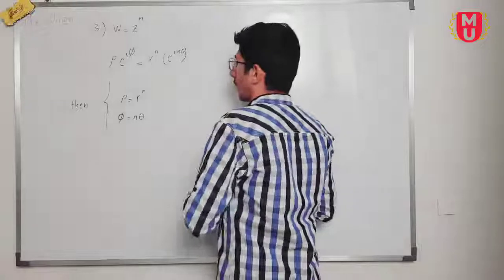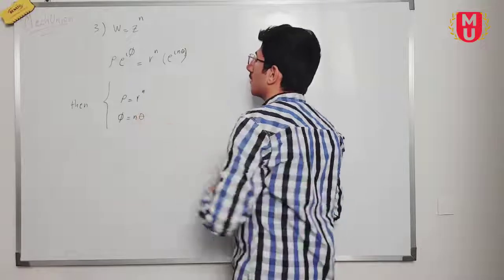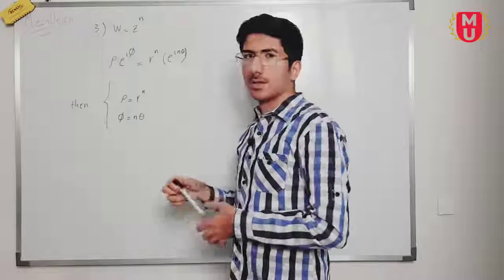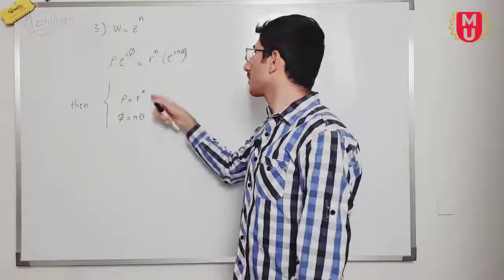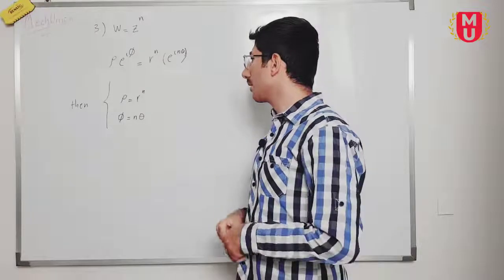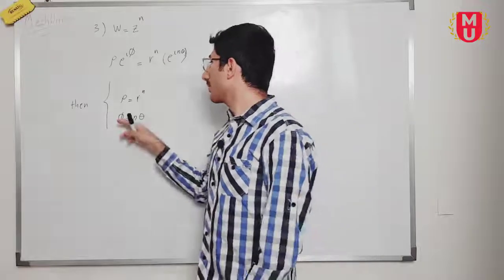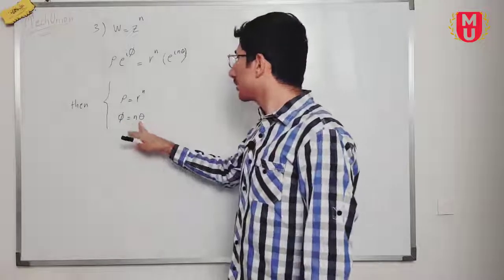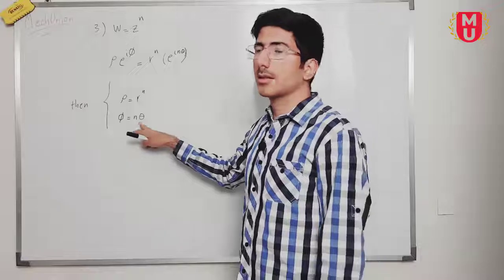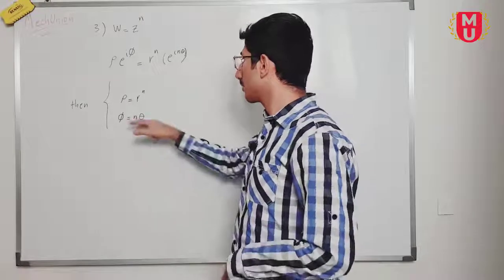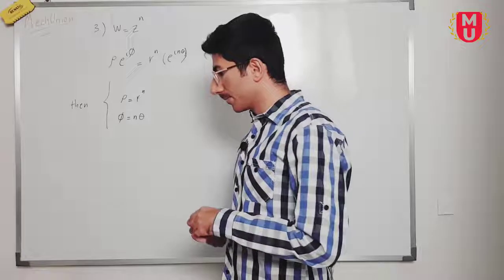It has shown that the distance between points and center of the coordinate becomes exponentiated by n, and the angle between points and positive side of real axis becomes multiplied by n.